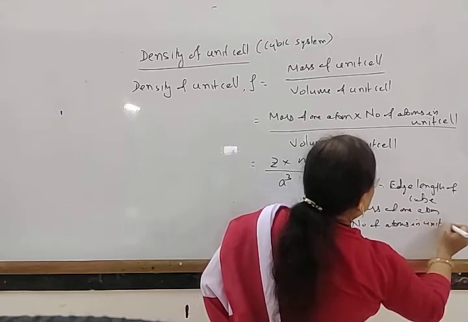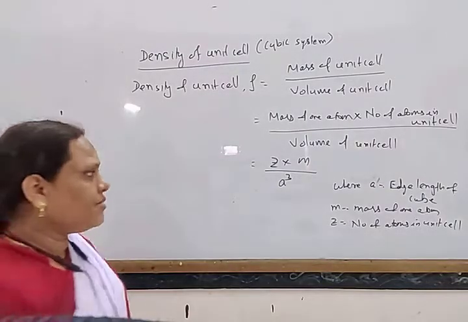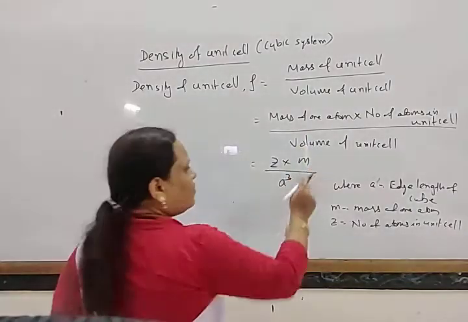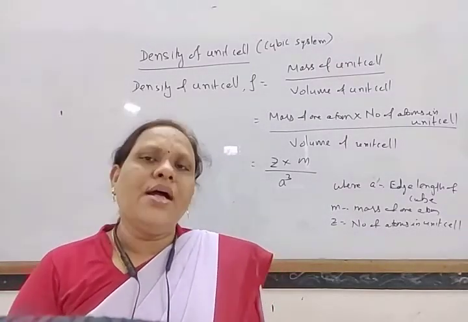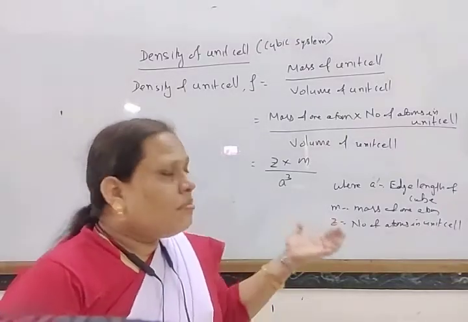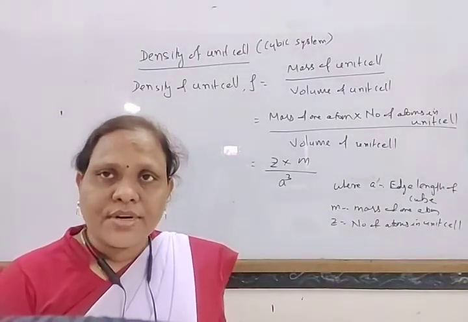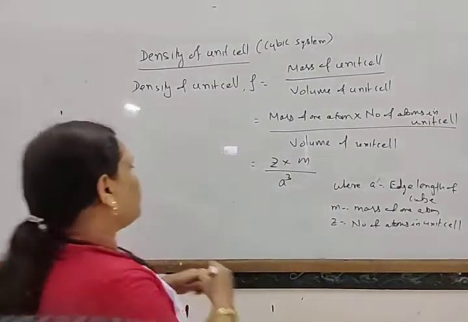And we know that for the mass of one atom, if the gram atomic mass of an element is given, say M, then M by N0, Avogadro's number, gives you the mass of one atom.